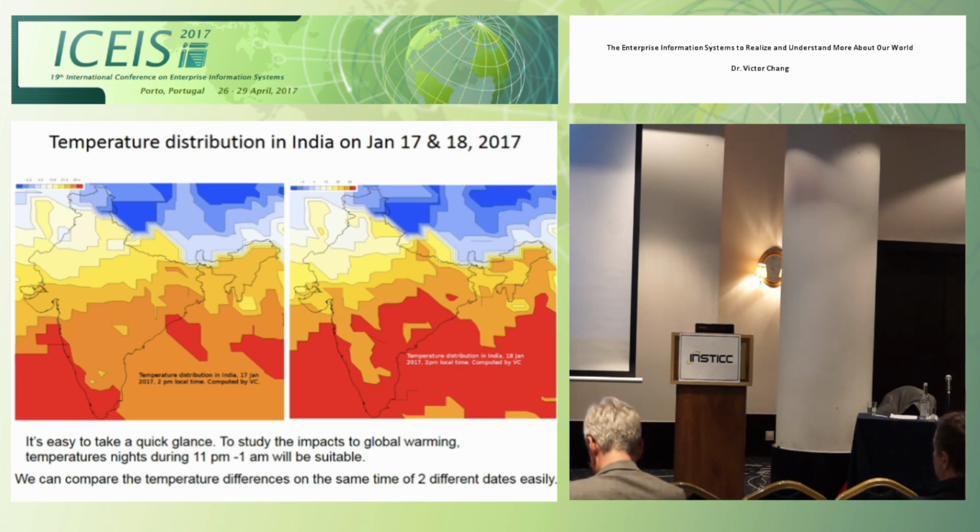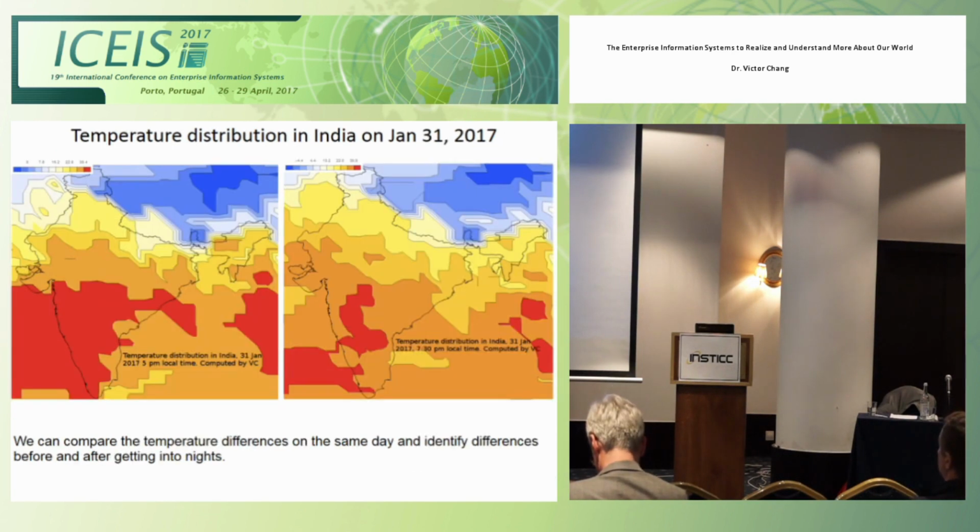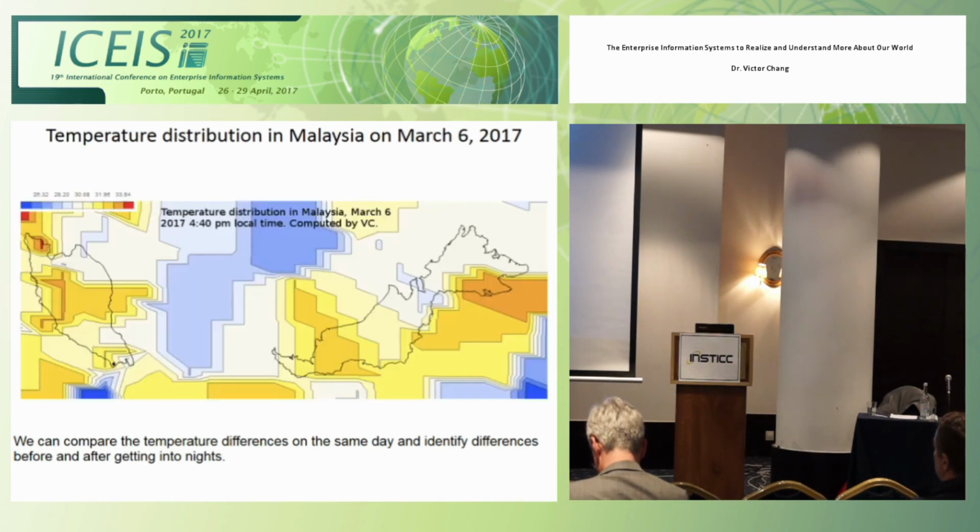This is the map of India, and this is the temperature from the lowest, minus 9, all the way to plus 30 or so. So within 1 second, you know the temperature. Let's say I'm going to Chennai here, the temperature is about 29 degrees Celsius. Just 1 second, and we are talking about the entire India.